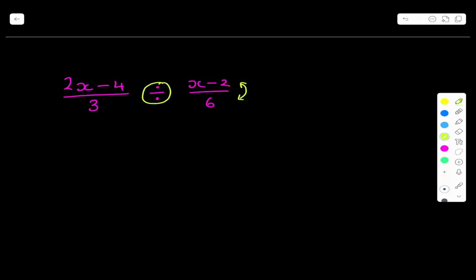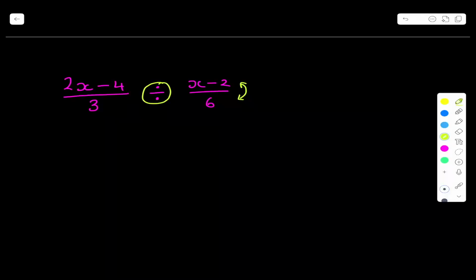Okay, so suppose the question is 2x take 4 over 3, and that all divided by x minus 2 on 6. So what we have to do here in order to divide fractions is you flip this second fraction around and that changes to a times.